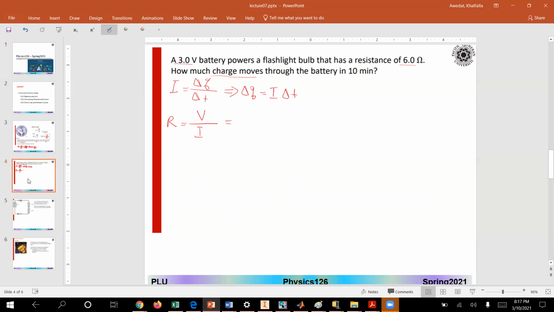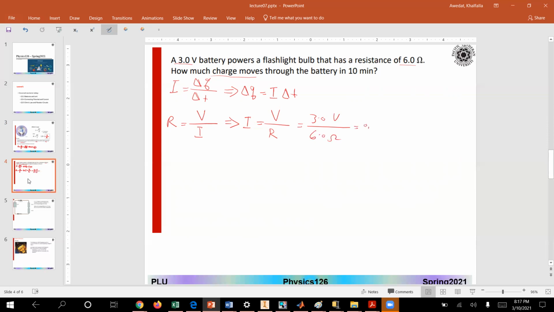I can rewrite the equation as a function of R and volts, and I have the basic information: 3 volts divided by 6 ohms.